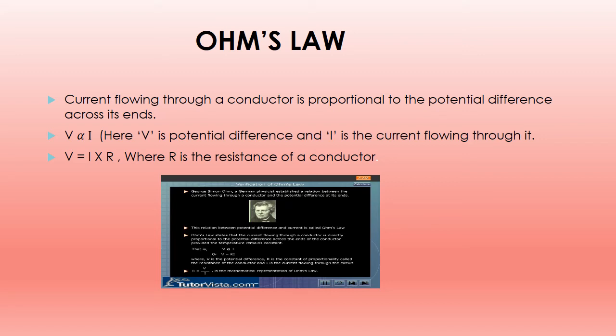That is, V is directly proportional to the current flowing through the circuit, or V is equal to RI, where V is the potential difference, R is the constant of proportionality, called the resistance of the conductor, and I is the current flowing through the circuit. R is equal to V by I is the mathematical representation of Ohm's law.